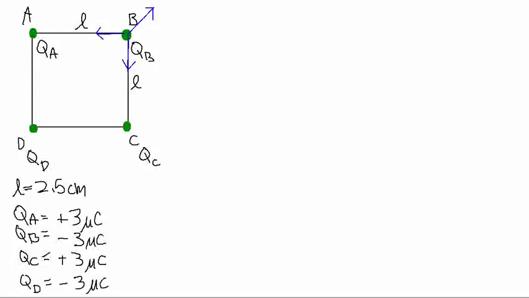Okay? And let's denote the force with respect to objects B and C by the vector F sub BC. Let's denote the force with respect to objects B and D by F sub BD. And let's denote the force with respect to objects B and A by F sub BA.